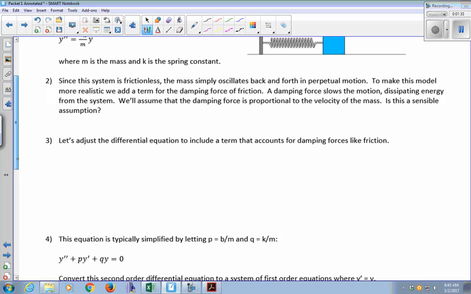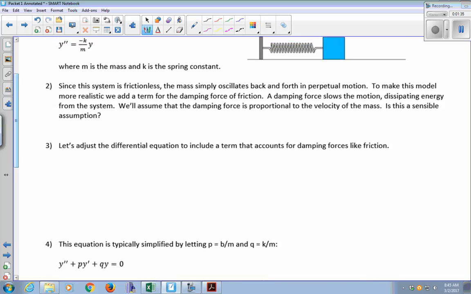Okay, so we started with the equation mass times acceleration equals force. This was in your activities. If you haven't gotten to it yet, you'll see it when you get there. If y is representing position of the spring, how could we represent acceleration? Instead of an a, we could use y double prime, right? Acceleration is the second derivative of position. So this says m times y double prime.